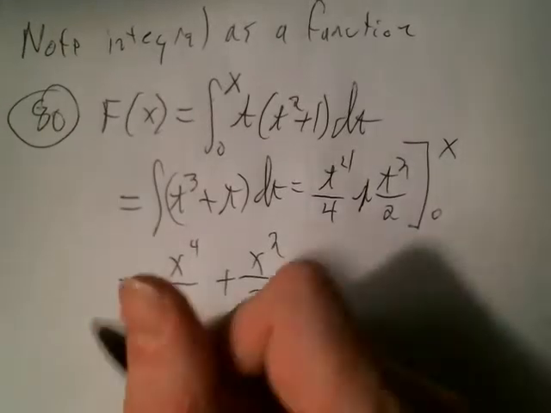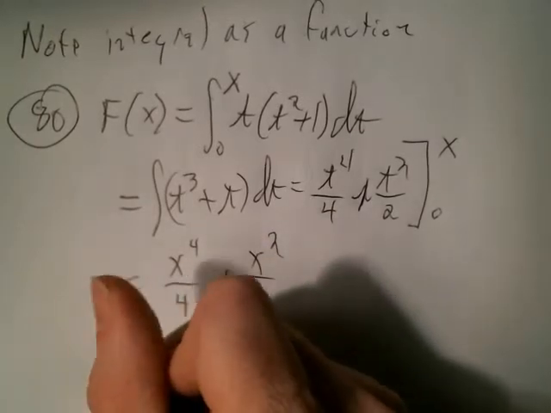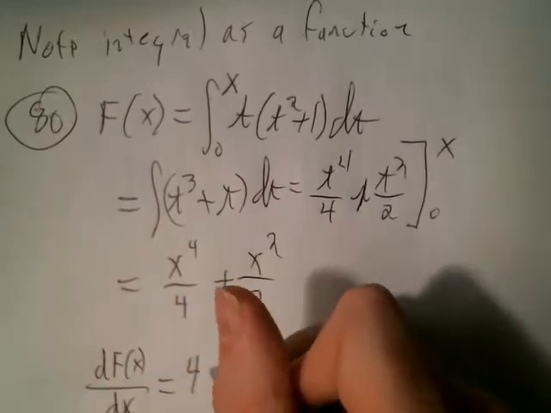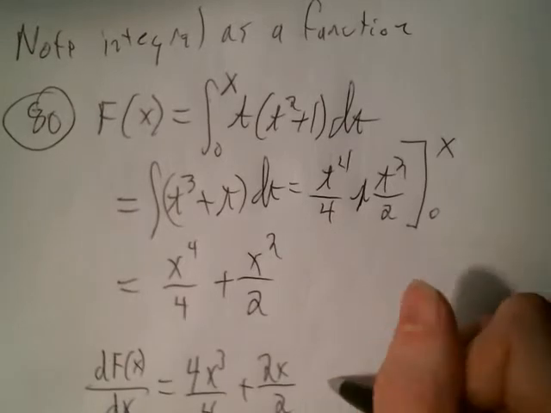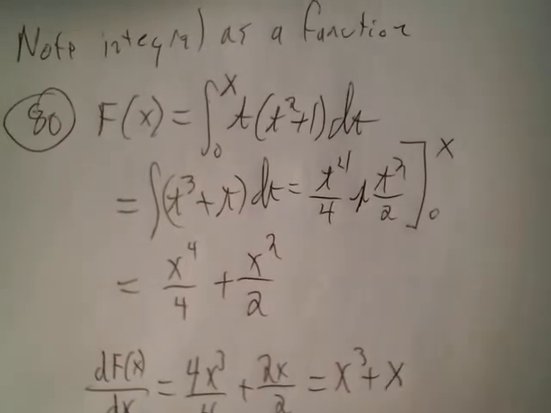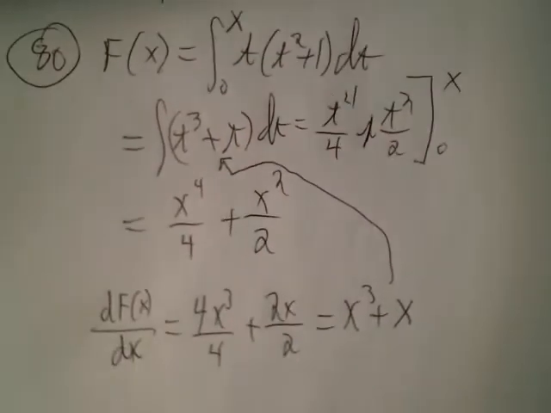But here, take the derivative of this with respect to x, and what do you get? You get 4x cubed over 4 plus 2x all over 2, which is x cubed plus x, which is this thing right here that we were trying to find the antiderivative of.